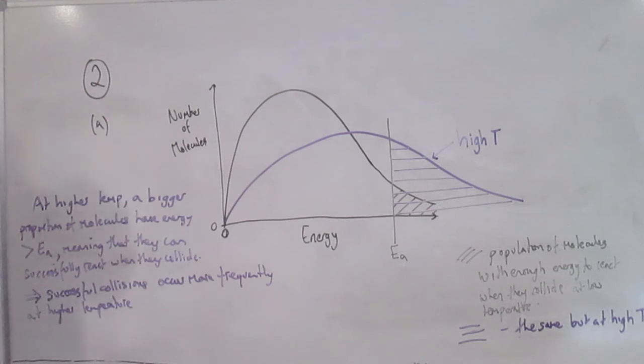And again, spell it out even more, because they'll say, okay, successful collisions are occurring more frequently. What does that mean? So you finally spell it out and say the rate of reaction is greater at higher temperature.